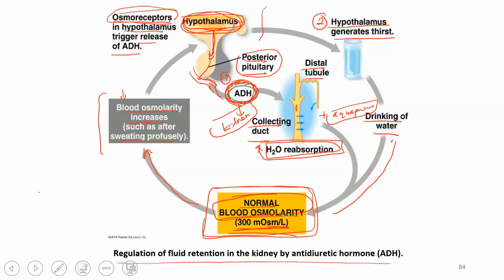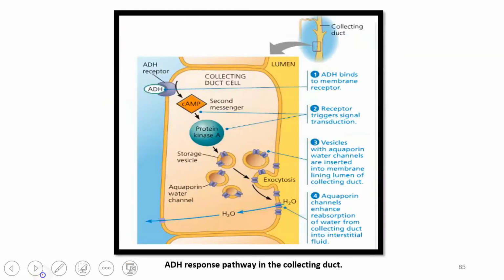So this is the homeostatic mechanism of the body to increase your blood osmolarity back to the normal set point if you are losing water from the body, if your body wants to conserve water, and maintain the normal set point of 300 milliosmol.